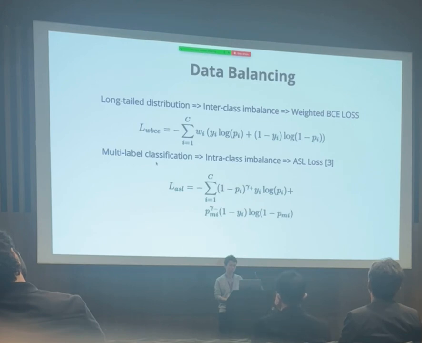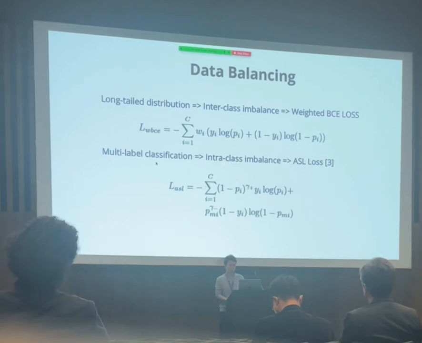A solution for this was to use a weighted binary cross-entropy loss, where the weights are determined by the ratio of the class. And the second is intraclass imbalance, caused by multi-label classification. Namely, it means we have more negative labels than positive labels because we're dealing with multi-label classification. To mitigate this, we use ASL loss, which is a variant of focal loss.